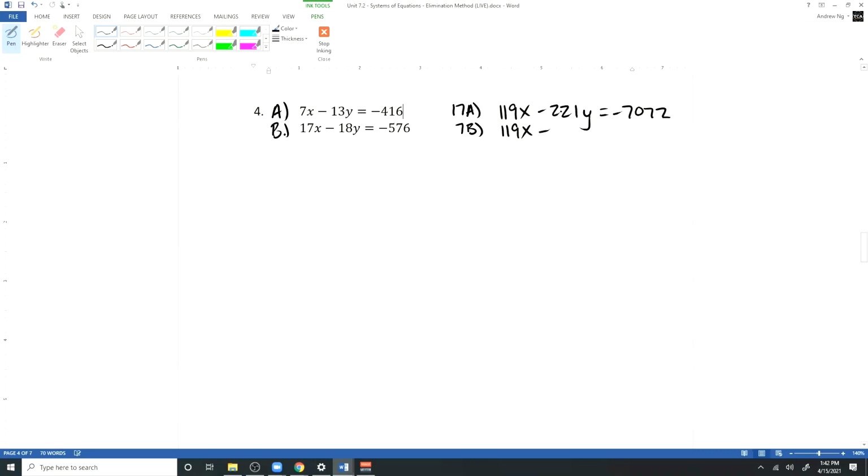All right, minus, 18 times 7 is going to be 126, so minus 126y. And finally, negative 576 times 7 is going to be negative 4,032.